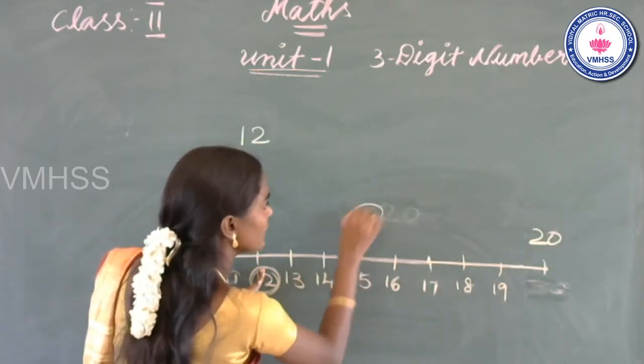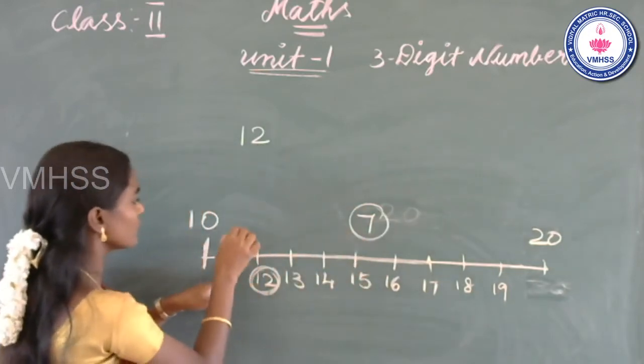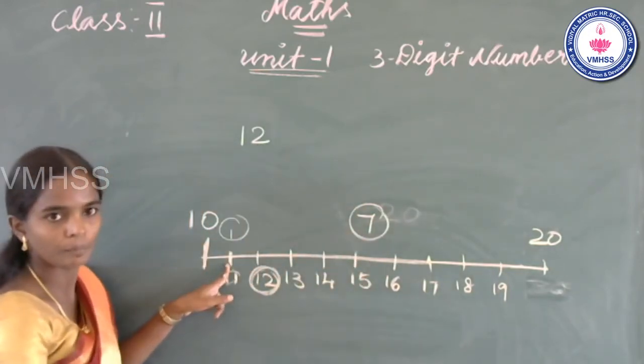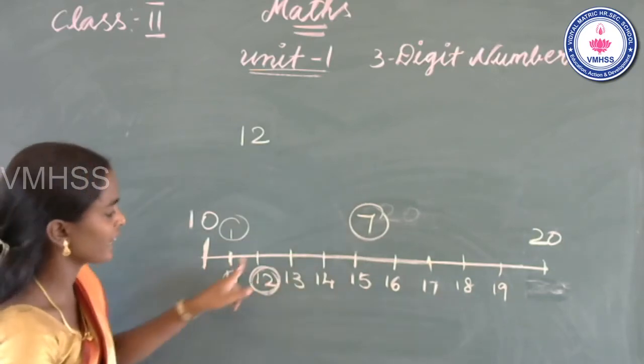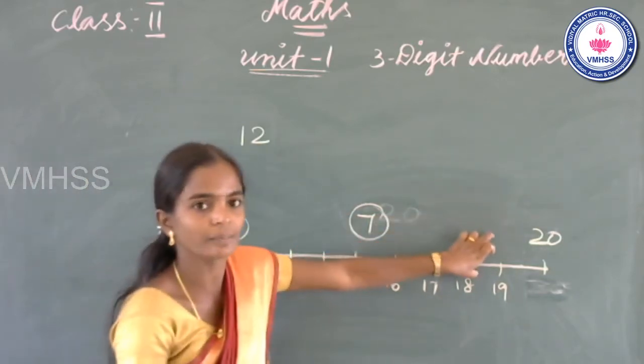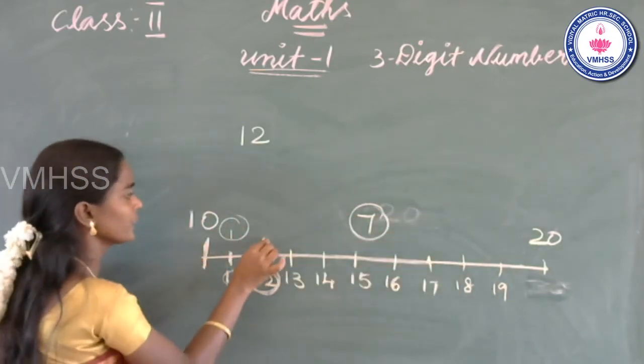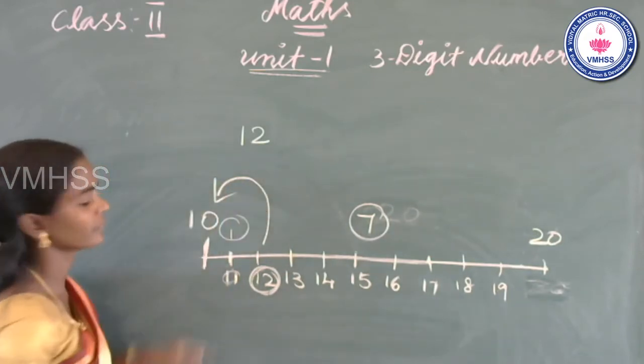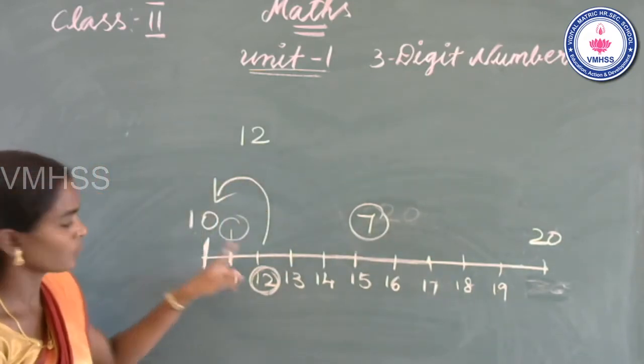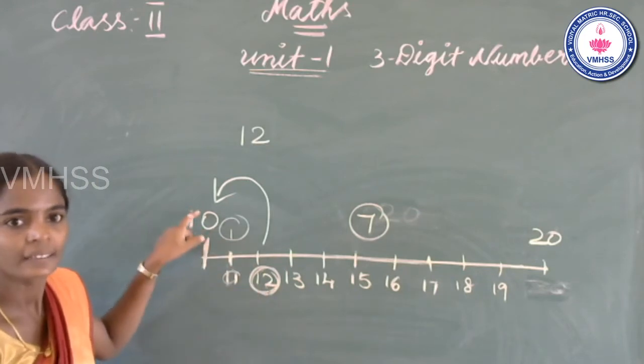So this side between 7 numbers, this side between 1 number. So which is the nearest 10? 10 or 20? 12's nearest 10 is 10.